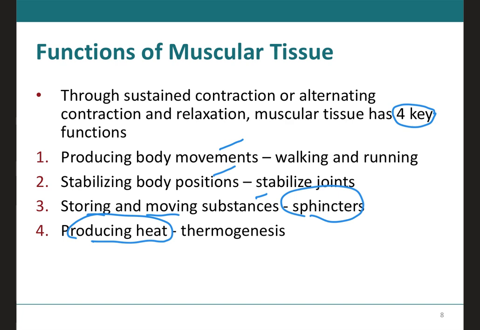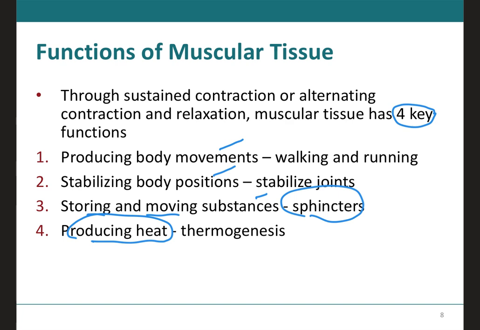Sphincters are, for example, located at the end of the stomach, and therefore it will prevent the contents that are present in the stomach from moving to the next compartment, which is going to be the small intestine. In other words, this gastric content needs to be processed before it is ready to be absorbed by the small intestine. Therefore, until it is ready, it will stay in the stomach with the help of the sphincter, as it will close the entrance between the stomach and the small intestine.